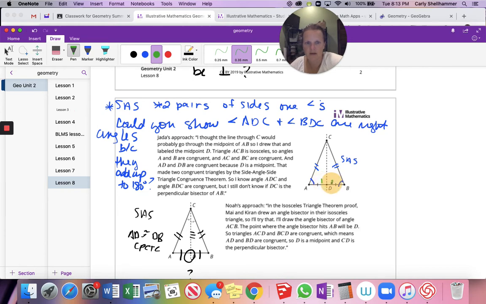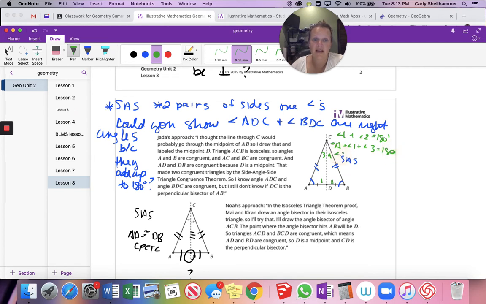Angle 1 and angle 2, angle 3 and angle 4. What we're saying is angle 1 plus angle 2 equals 180 degrees because they're a linear pair. All right? And then I can say that angle A plus angle 1 plus angle 3 equals 180 because of the triangle sum theorem.